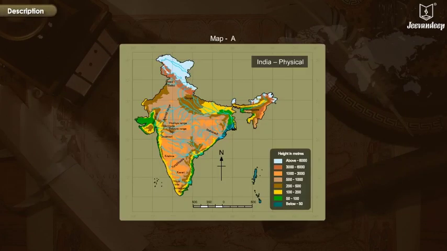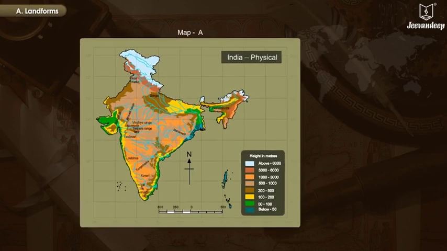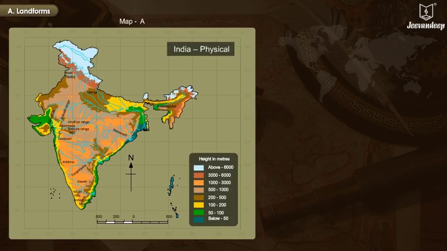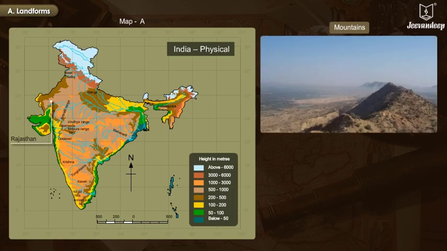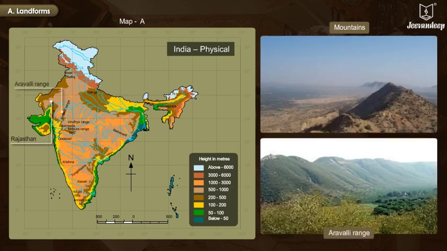Description: Map A. The physical map of India consists of two important features. A. Landforms. Mountains. The northern part of India has the Himalayas with a height of more than 6,000 meters. To the west of India, in Rajasthan, is the Aravalli Range.